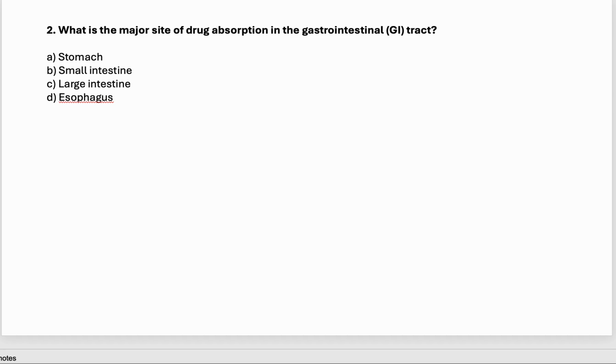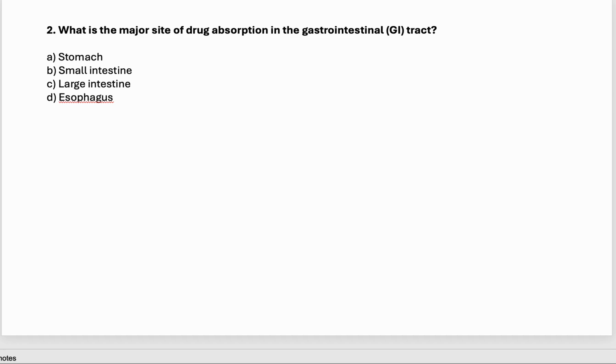That is the gastrointestinal tract. A. Stomach, B. Small intestine, C. Large intestine, or D. Esophagus. Major site of drug absorption. You are right, but it's the major site.